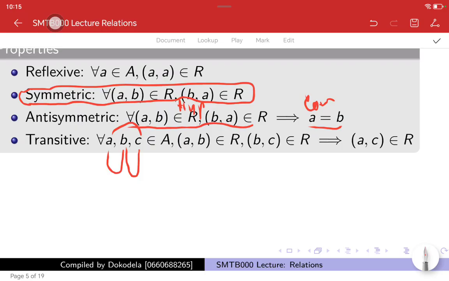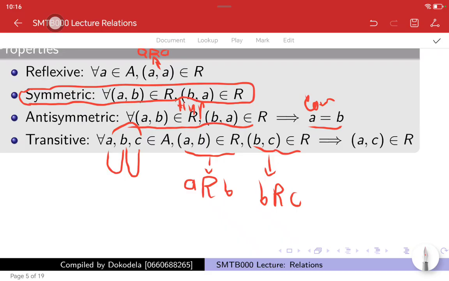So when we come here, first we take that for all A, B, C, element of A, (A, B) is an element of R. You see right now? And then remember, this simply means that A is related to B. And this simply means that B is related to C. Same as this one simply means that A is related to A. You see, right?